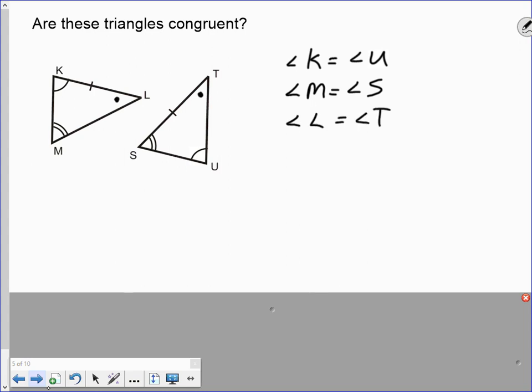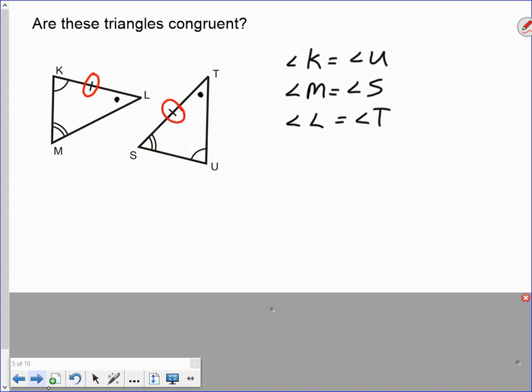And then we just have to figure out whether side KL corresponds to side TS. So over here, KL is between the one arc and the dot, but on the other triangle, the side that's equal to it, ST, is between the two arcs and the dot.